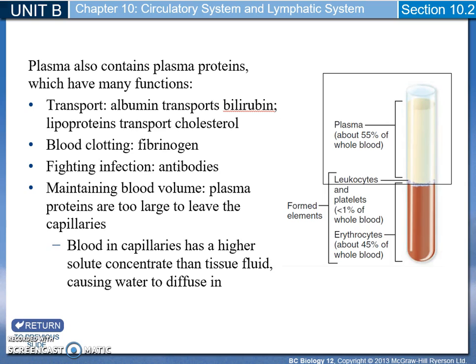And for maintaining blood volume, plasma proteins are actually too large to leave the capillaries, and so they remain within the capillaries. They don't actually diffuse out. So blood in capillaries has a higher solute concentration than tissue fluid, and that is what causes water to be drawn into the capillaries.